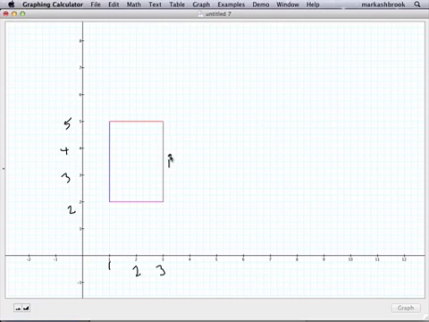Okay, and this is black over here. This is red. This is blue. This is pink. Okay, what I want you to do is recreate that graph. It won't have any of the writing that I've written, just the rectangle. So I want you to open up a new window in Graphing Calculator and reproduce that rectangle. That's just a warm-up exercise for the thing I'm going to have you do next.